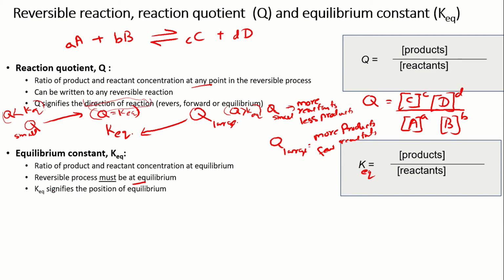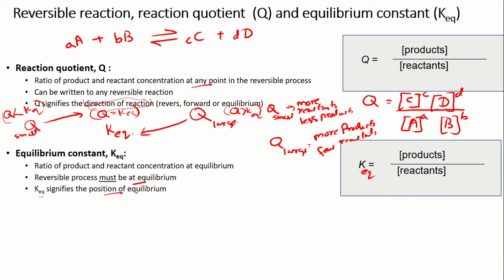However, when it comes to the equilibrium constant, since we are writing the equilibrium constant for a system at equilibrium, what this equilibrium constant signifies is not the direction of the reaction, it rather signifies the position of the equilibrium.